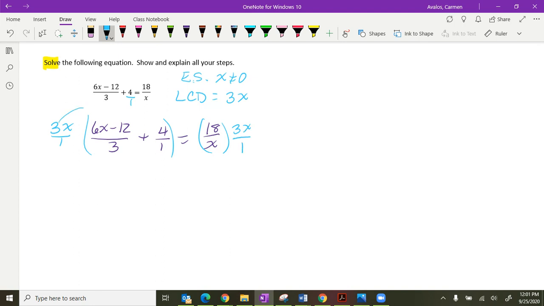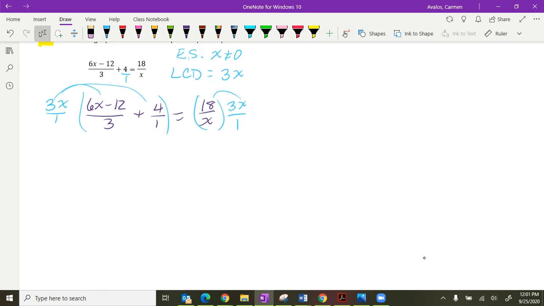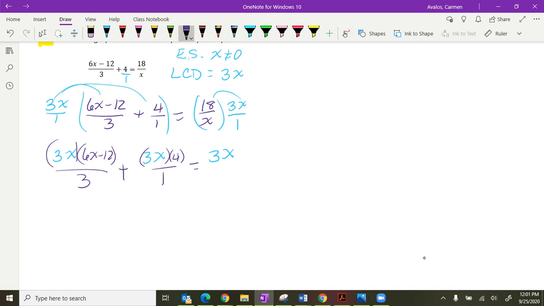We distribute that, and you're going to get 3x, 3x, 3x, with 6x minus 12 multiplied over 3. There are 2 terms here because they're separated by a plus. If it was a minus, it'd still be 2 terms. So we distribute it to the first term and then to the second term, so we have 4, and that's a plus, and then 18 over x.